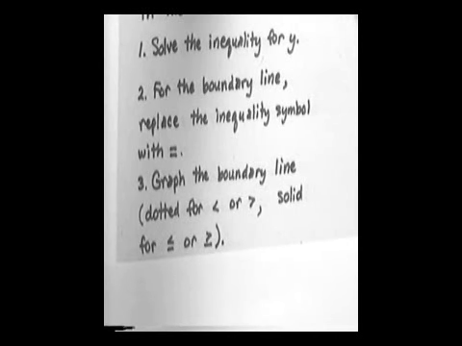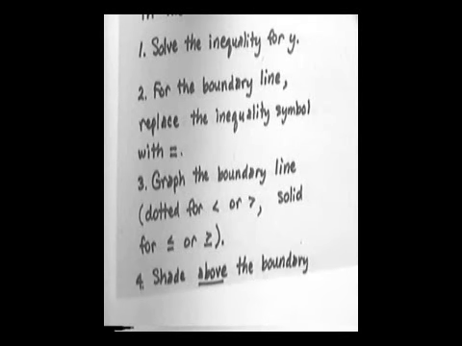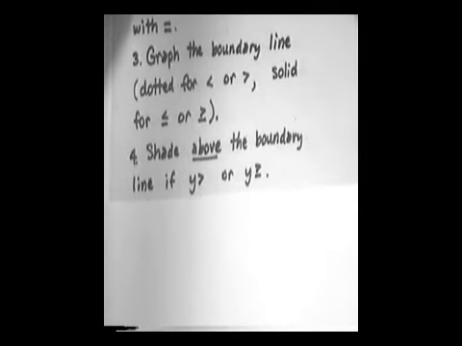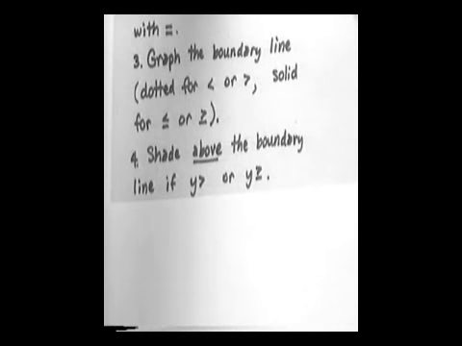Then we must decide what to shade. Step 4, shade above the boundary line if y is greater than or y is greater than or equal to. Above, greater. Y gets greater as we go up, and so we shade above the boundary line.